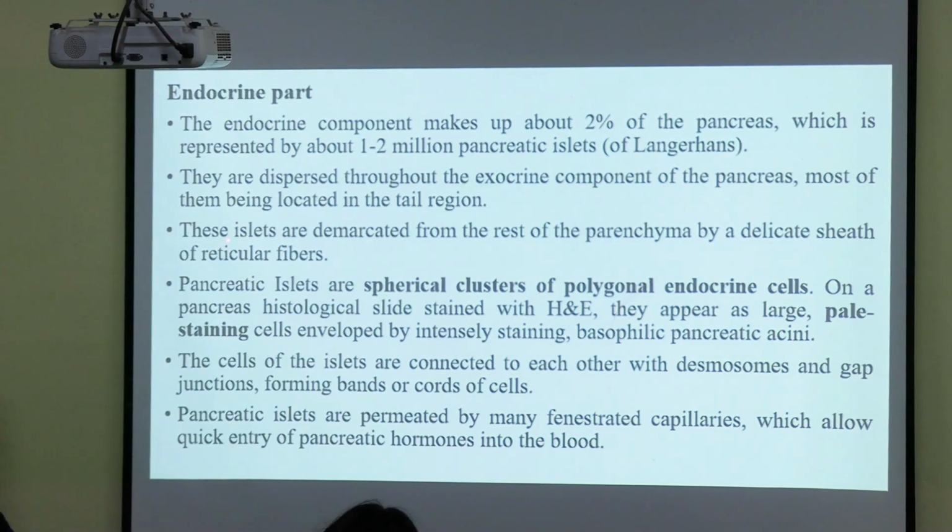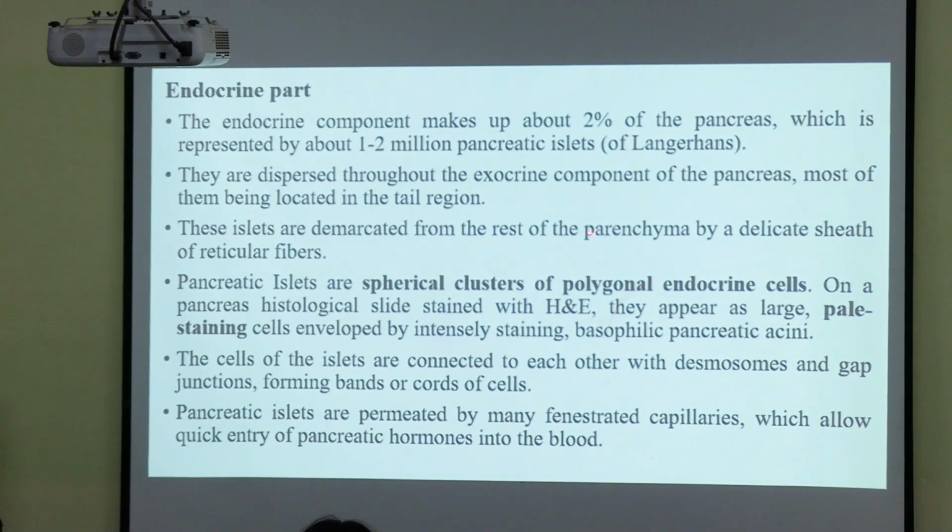Now if you want to demarcate the islets from the rest of the parenchyma, first of all you will see a delicate sheath of reticular fibers. It will be pale in staining, a delicate sheath of reticular fibers that will encircle the pancreatic islets.